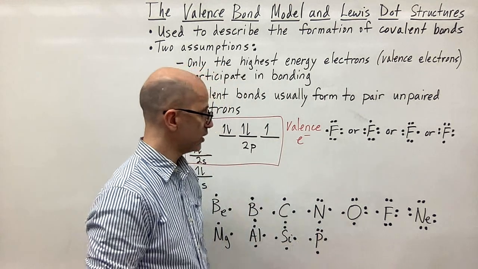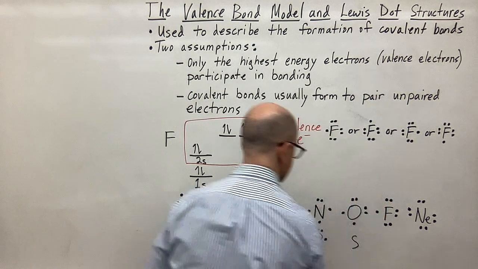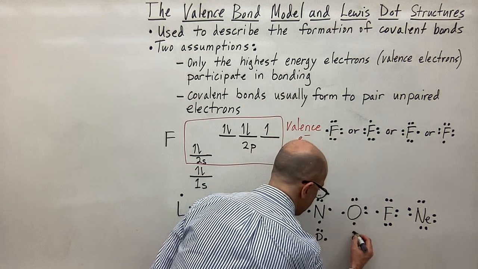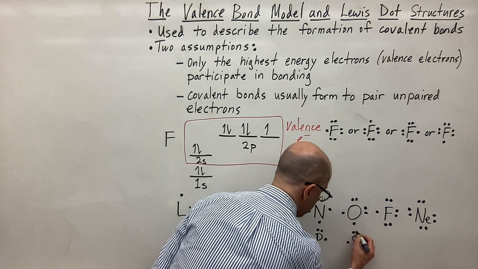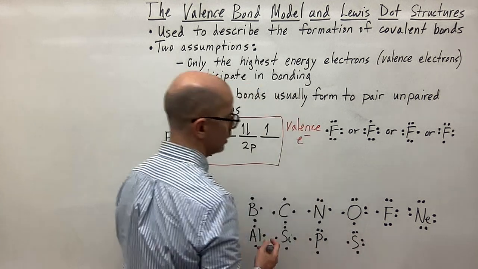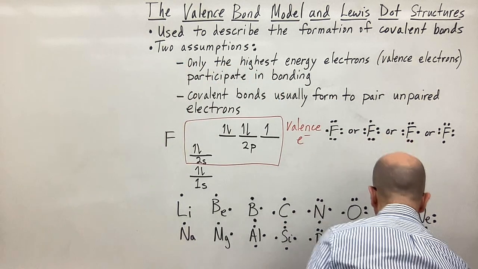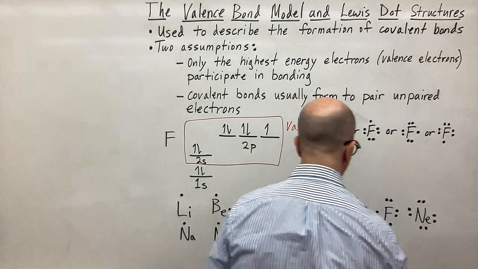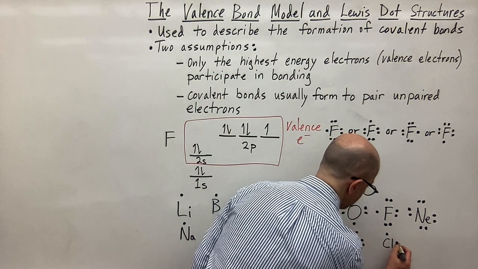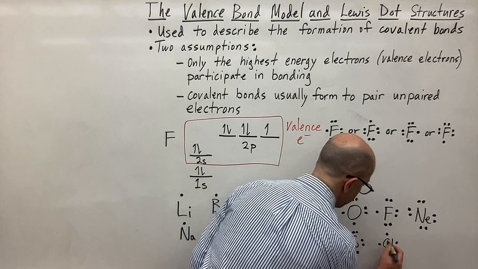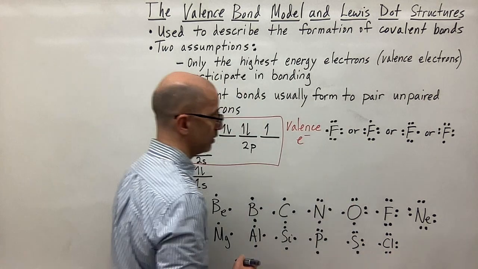And then oxygen, sulfur. Sulfur is the same group as oxygen, so that has 6 valence electrons for group 6. 1, 2, 3, 4, 5, 6. And then we have chlorine, same group as fluorine, group 7, 7 valence electrons. 1, 2, 3, 4, 5, 6, 7.